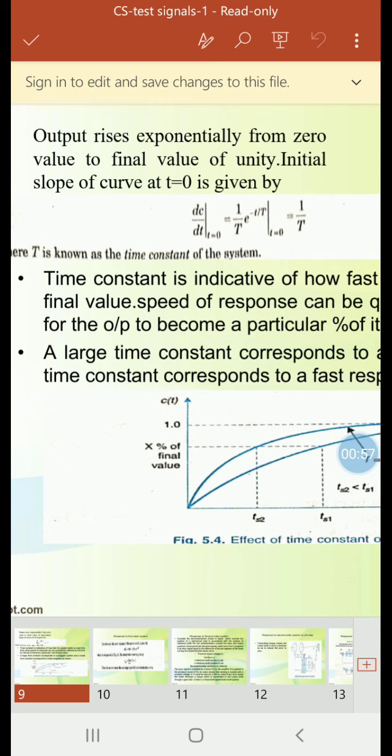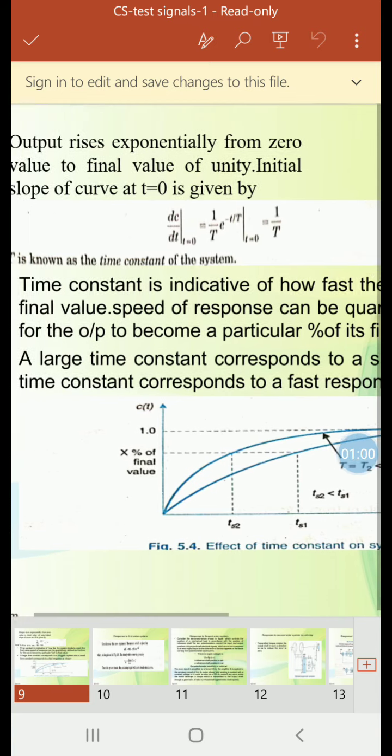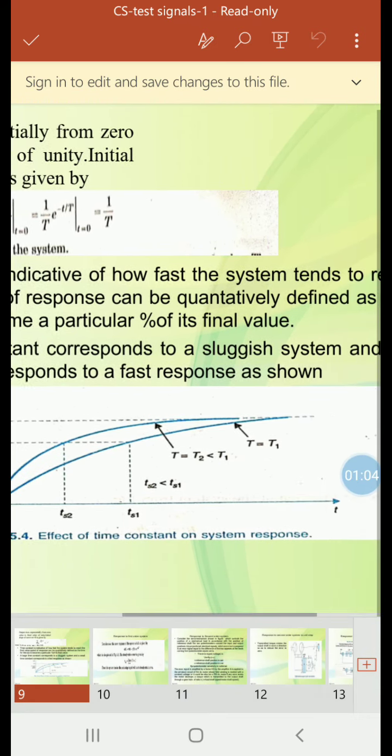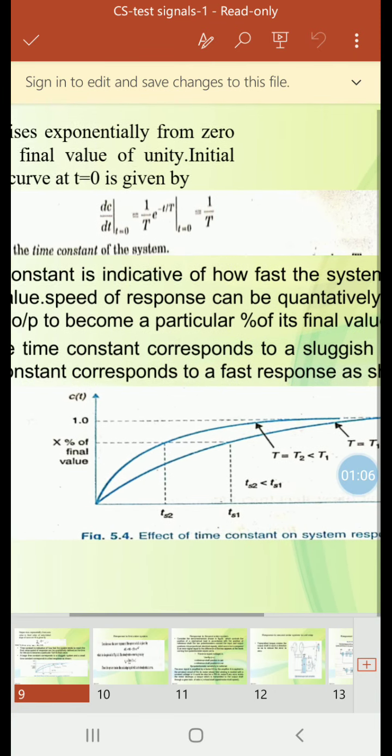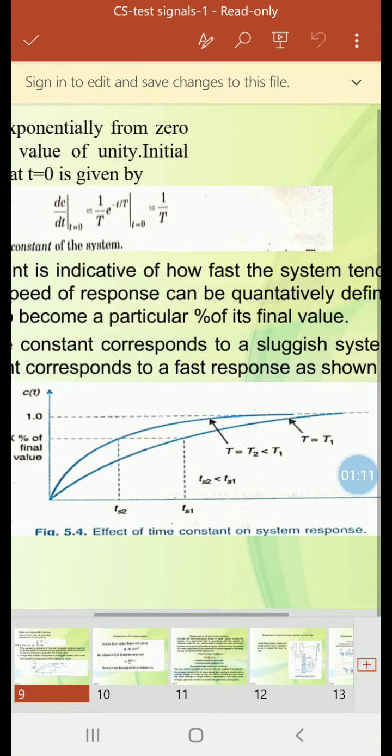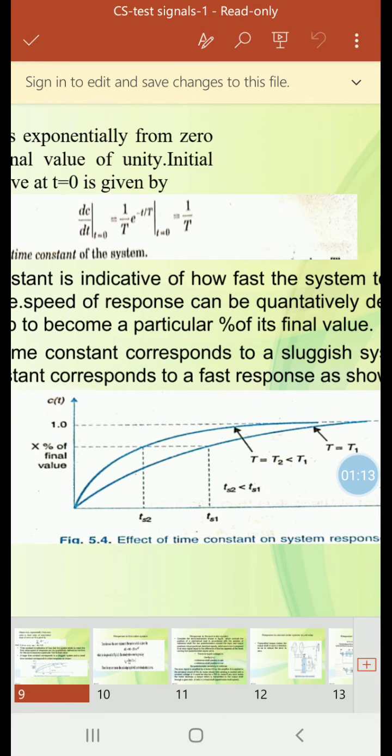Then what is this T going to tell us? The time constant T is indicative of how fast the system tends to reach the final value.